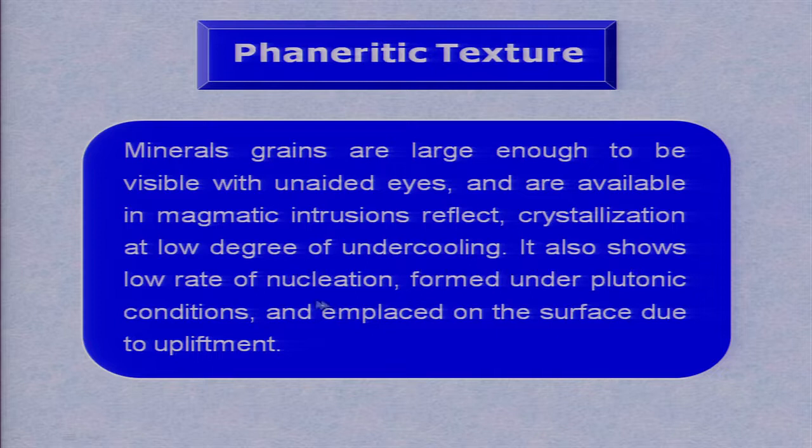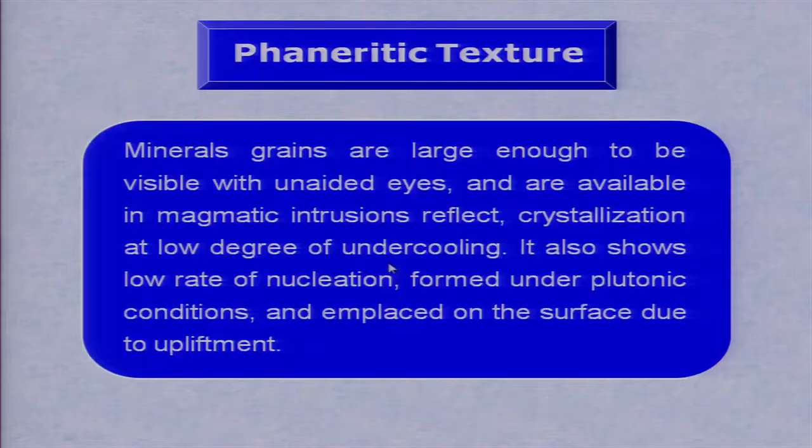It also shows a low rate of nucleation, formed under plutonic conditions and emplaced on the surface due to upliftment. This texture is different from the previous texture in the sense that it shows larger grains visible by unaided eyes and is formed by a slow rate of cooling compared to the faster rate of cooling in the previous rock types.